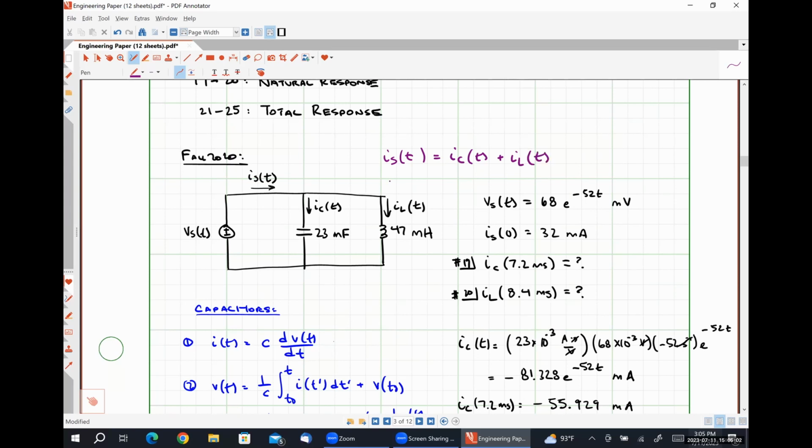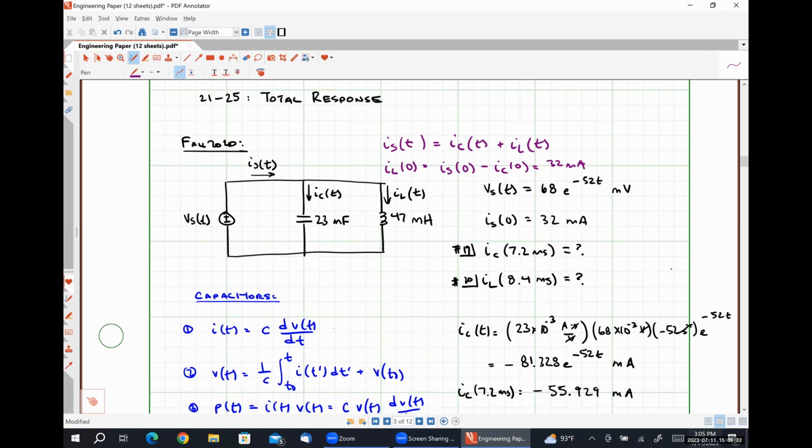We can extend this out to say that IL at 0 is just going to be IS at 0 minus IC at 0. IS at 0 was given to us as 32 milliamps. IC at 0 is negative 81.328.